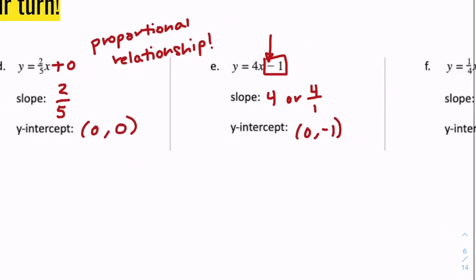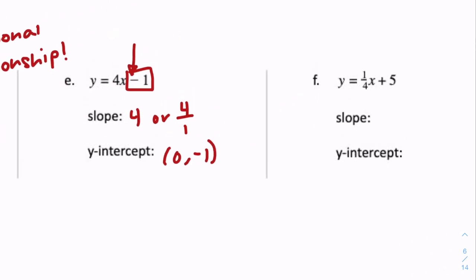If you're adding a negative number, it's the same as subtraction. And then same thing on F, the slope is the coefficient on x, so 1/4. And then the y-intercept comes from the b value. I treat that sign like the sign on an integer, so +5, so 0, 5.